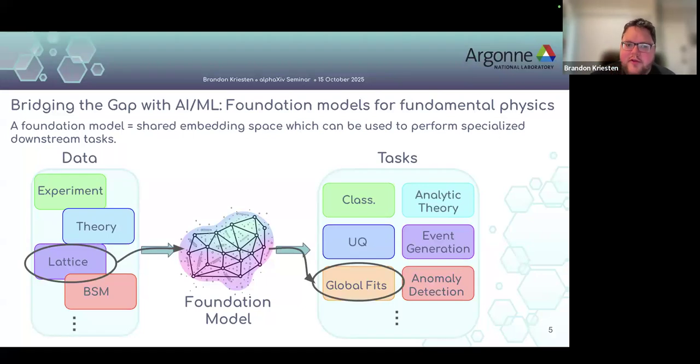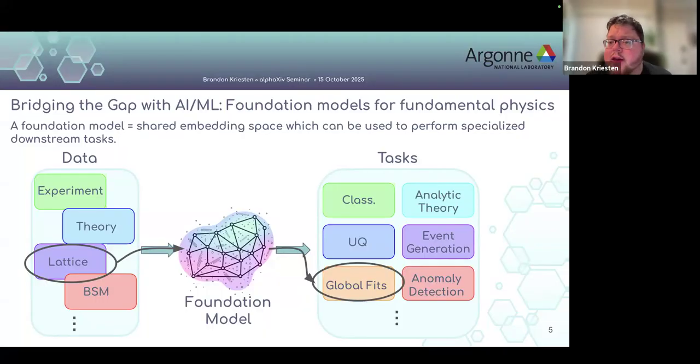And so this is where I get to my AI/ML section. For the purposes of this talk, you can think about a foundation model as a shared embedding space, which is broadly pre-trained on a large spectrum of data and then used to perform specialized downstream tasks. So one can think about encompassing things like experimental and theoretical data, lattice QCD measurements, various different BSM scenarios, various UV complete models.